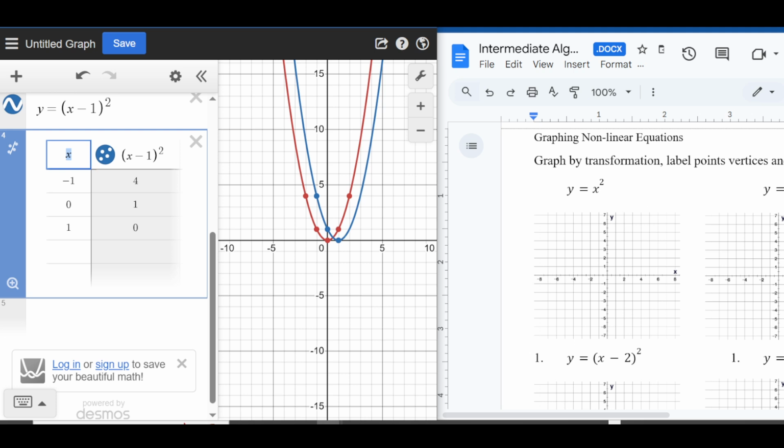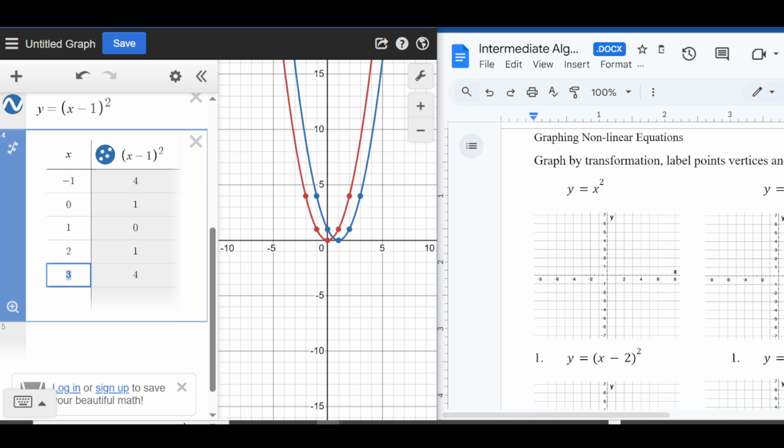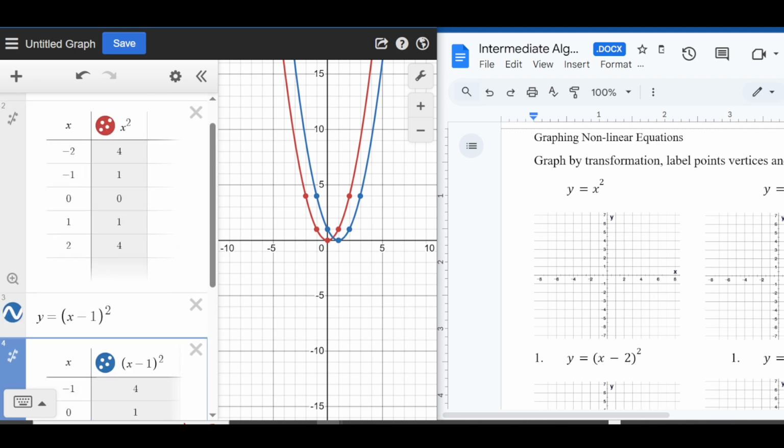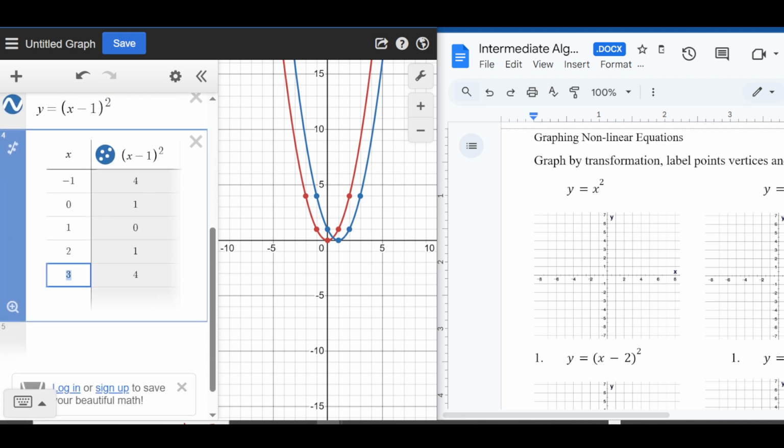Okay, so we got -1, 0, 1, and let's put in a 2. And there we go. There's our 4104. And so you have to use x as -1, 0, 1, 2, and 3, rather than the -2, -1. And it shifts everything over 1 time. Okay. So these b parameters, when you put in negative b parameters, everything shifts to the right.